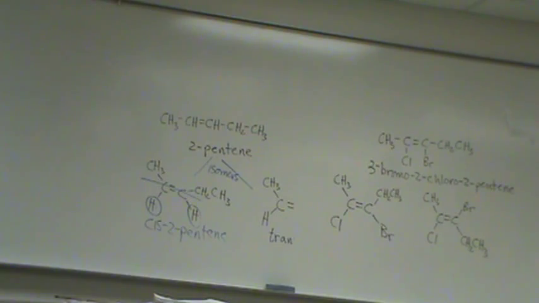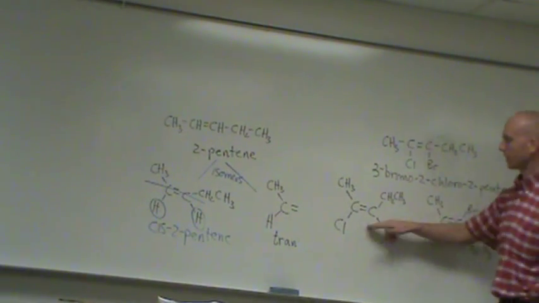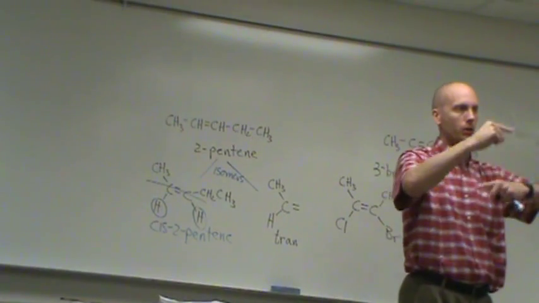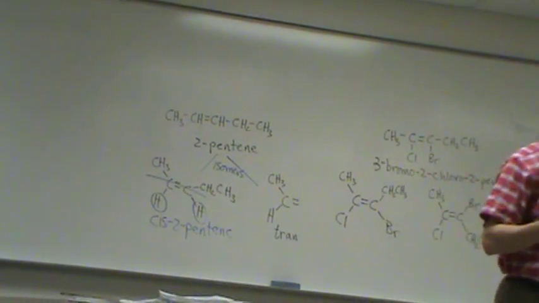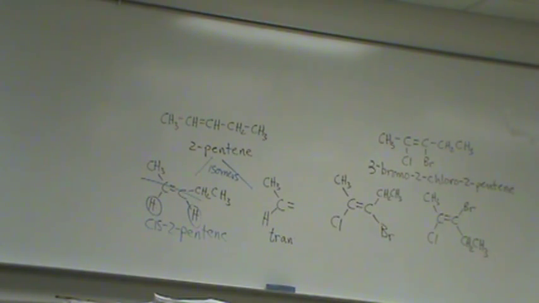Stereoisomers. These are stereoisomers, aren't they? These 2 are stereoisomers. If I change 2 groups on the same carbon, I get something different. They're stereoisomers. But I'm not calling them R and S and all that stuff. I'm using cis and trans.